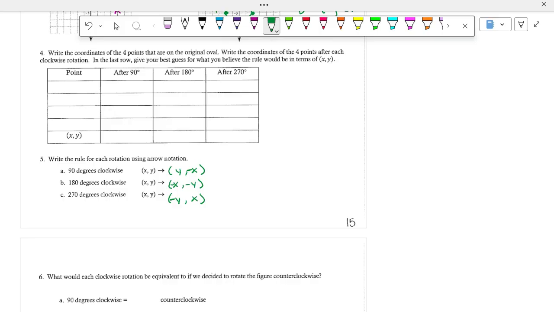Now, here's another way you can think about it. We know for every 90 degrees we're going to have to flip x and y. So, quadrant 1, that's kind of like the standard, because that's when everything's positive.